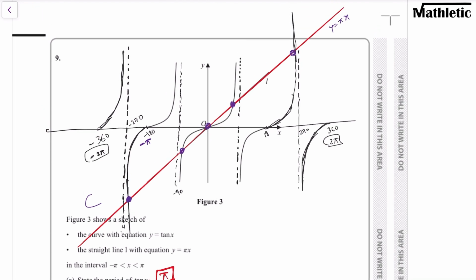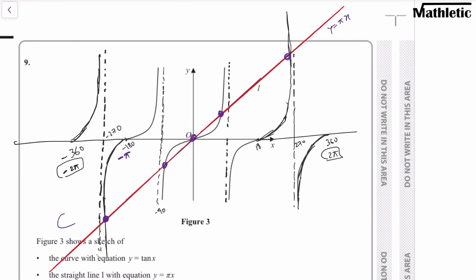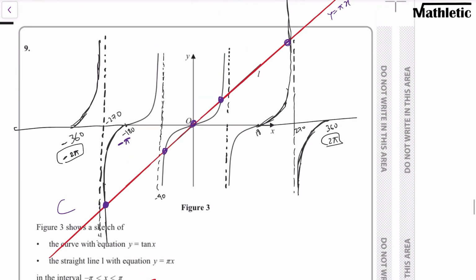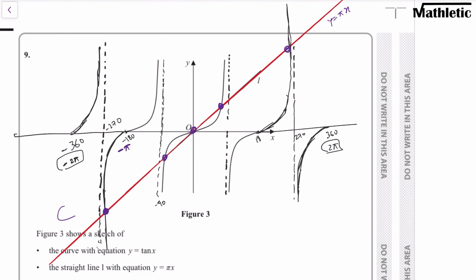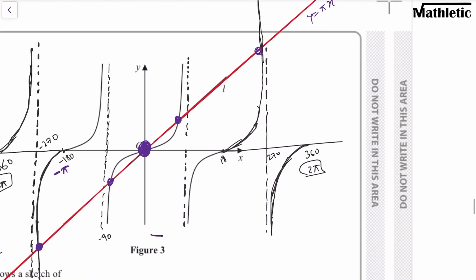The main idea is that the line, as you can see, will intersect at the center once, here only once. Then let me discuss this portion, 0 to 2 pi. In this part, it will intersect at two different points, 1, 2.